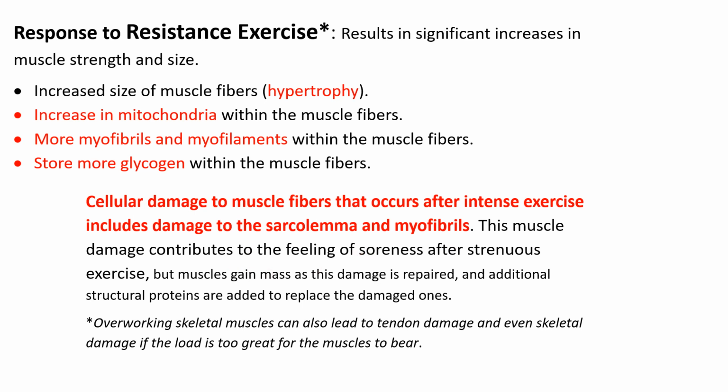What you see when people use anabolic steroids is that because of the perfusion effect, for instance, skeletal muscles have lots and lots of blood vessels. Tendons and ligaments don't. And so what will happen is a skeletal muscle can gain mass very, very quickly because of that perfusion effect, and the tendons don't.